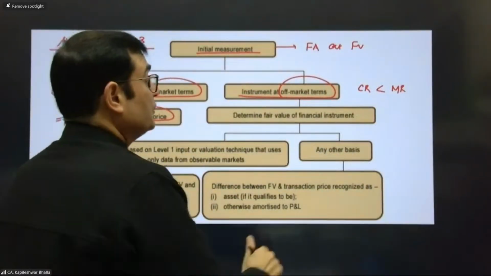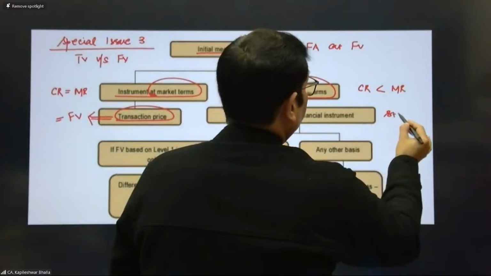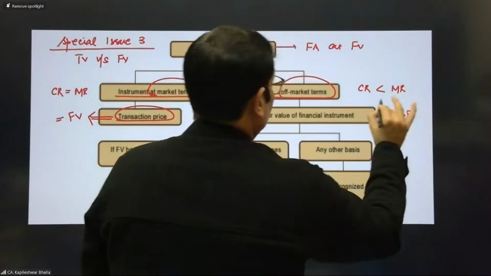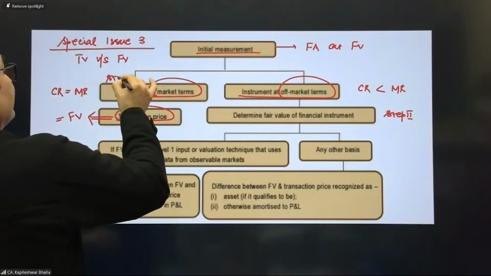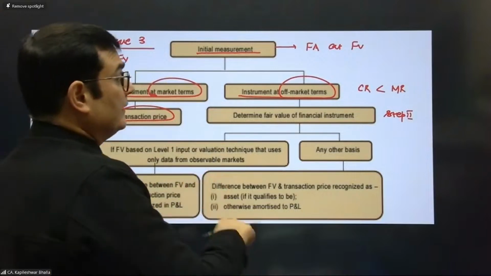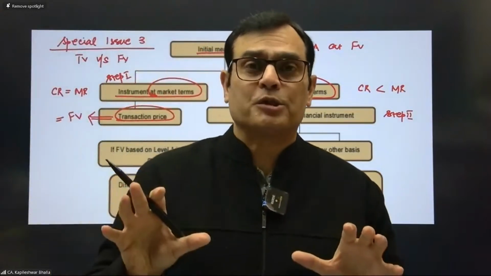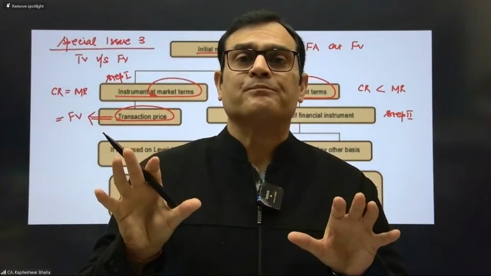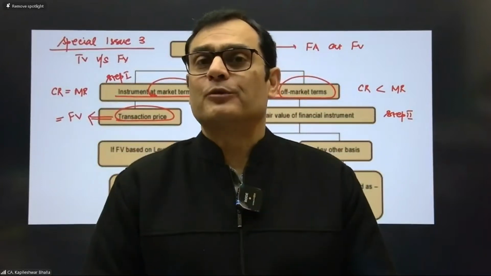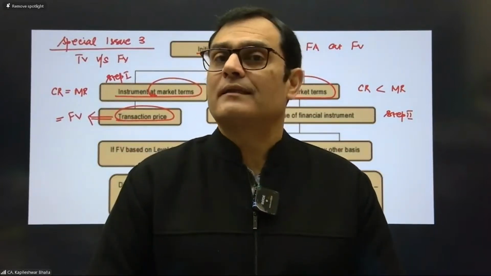But if you notice that the transaction is not at market terms, then in this case I will go to step number 2. So this is my step number 1, and don't worry, I'm also going to give you the 3-step model in this case. What you need to watch out for in step number 1 is: is the contracted rate equal to or less than the market rate?